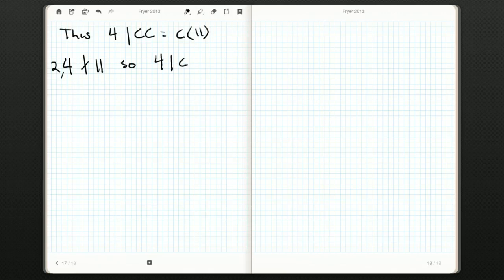So that means that 4 divides c. So c can be 0, it can be 4, or it can be 8. Okay? We have these possibilities. Because c is not a leading digit, it can be 0.